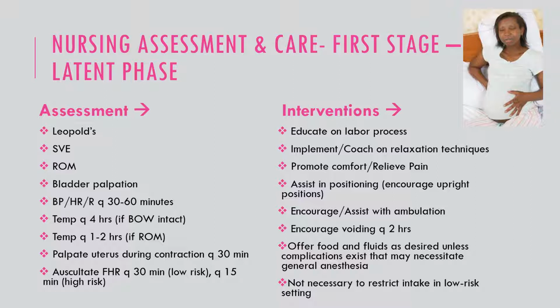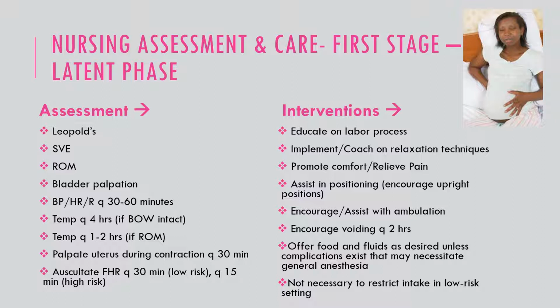All right, so let's talk about what we would do during every stage of labor. During the first stage, the latent phase of labor, we're going to do some different types of assessments and interventions for these women. We are going to provide nursing care for them in the first stage, and mainly we're going to be focused on comfort.